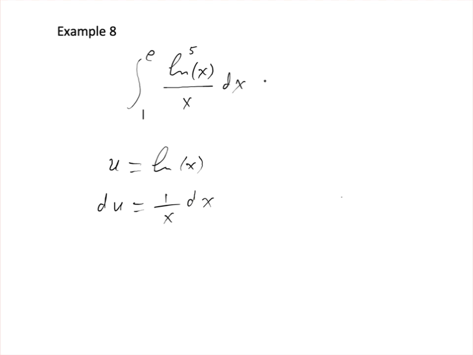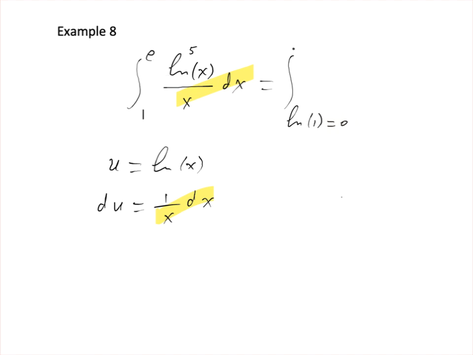So then this equals, and so you can see this 1 over x dx, that's the du. So we have the integral. First, let me change the limits. When x is 1, u is ln of 1, which we know is 0.